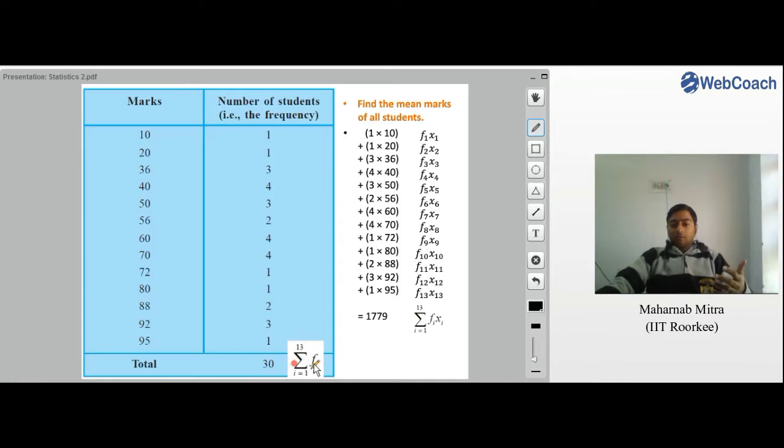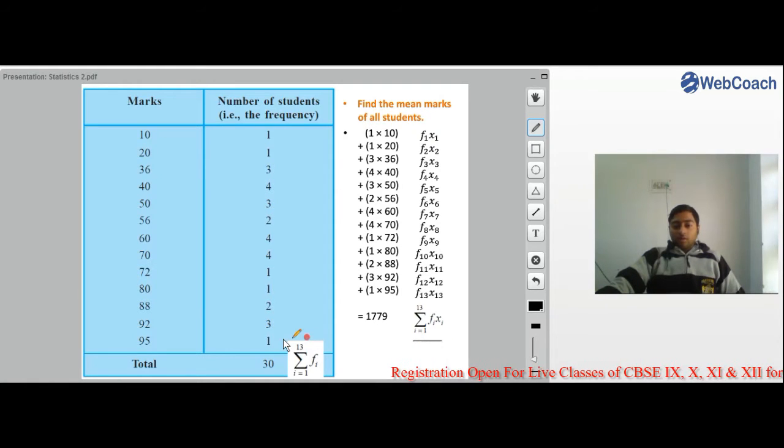So we write it as summation of fi where i varies from 1 to 13, or we are adding f1, f2, f3 and so on, and for every case i is varying as 1, 2, 3, 4 up till 13. So I think you have got the meaning of this symbol.